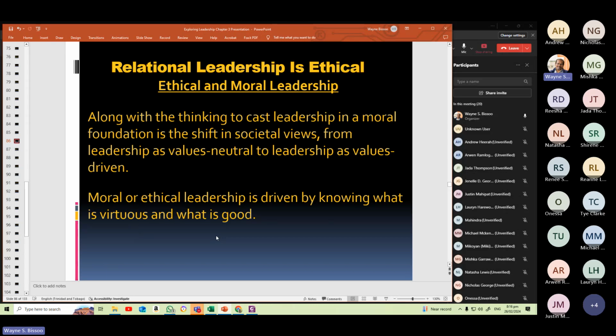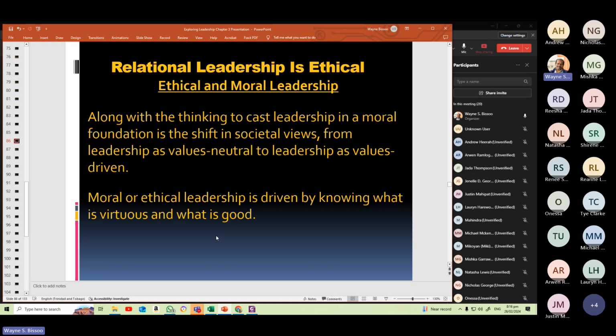All right, so now a question that comes up about leadership is, should leaders, or should leadership, be values neutral or values driven? So what does that mean? Should leaders bring value structures or ethical values into play when exercising leadership, or should you be neutral to that?